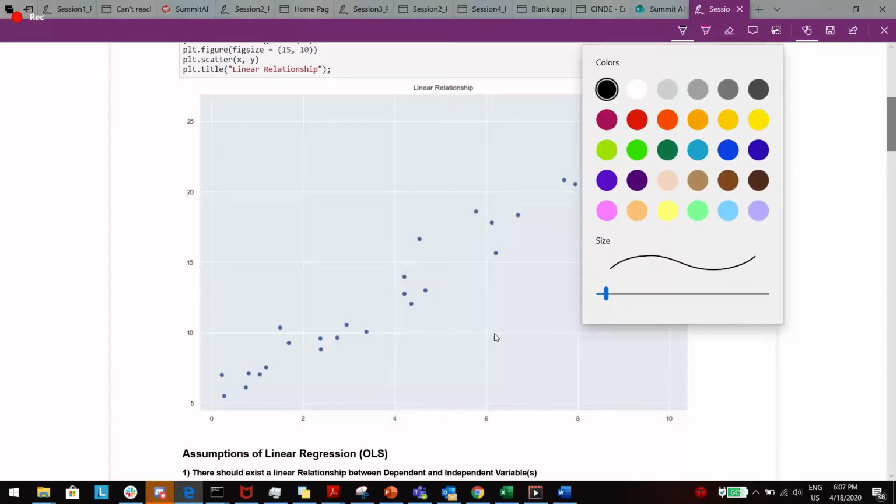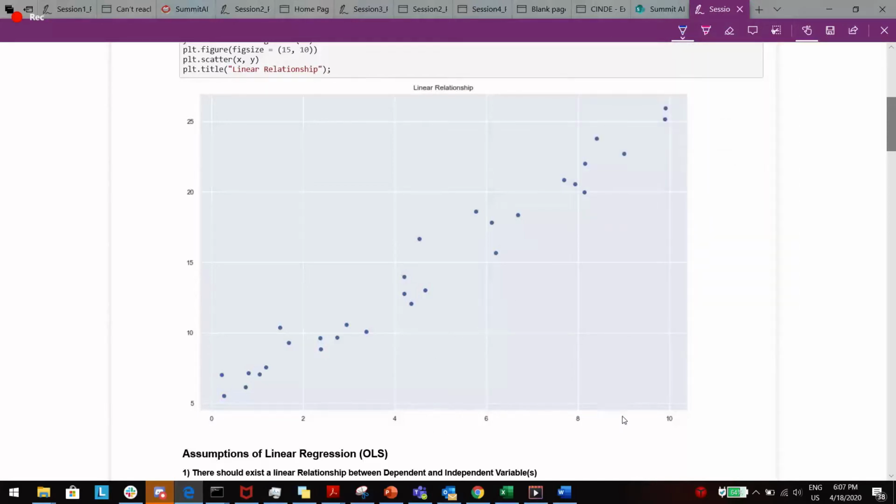This is my x-axis which corresponds to my independent variables, so let us say this is the axis where my x variables are, and this is the axis where my dependent variable is.